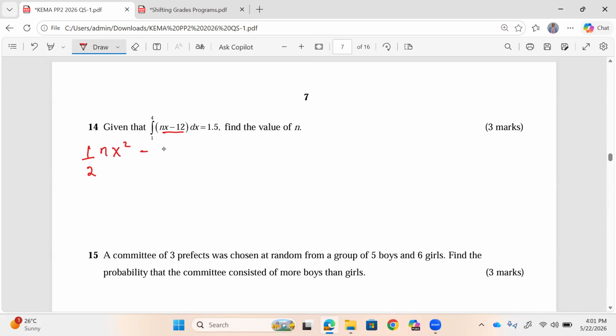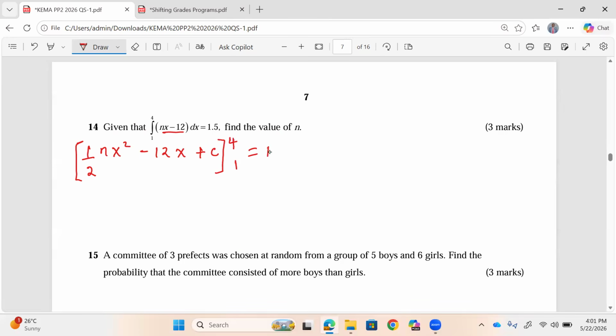Then minus 12. Now we introduce x to power 1. Initially, there is x power 0, that's why it's not showing up. So it becomes x, plus an arbitrary constant, and we're integrating from 1 to 4.